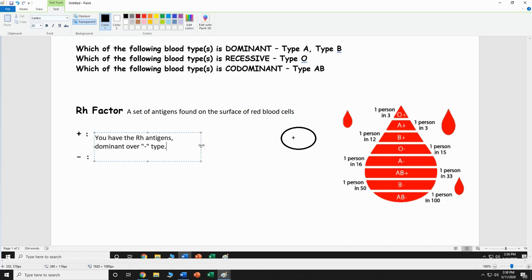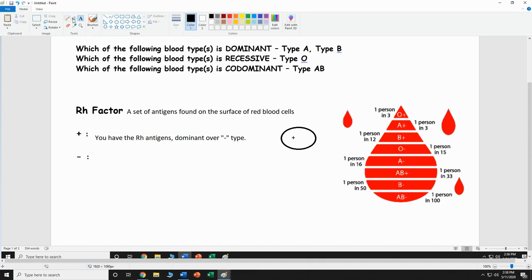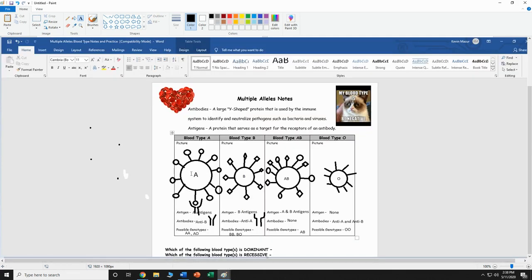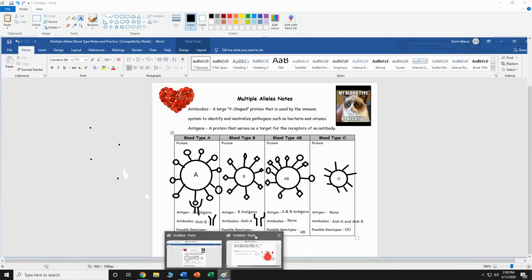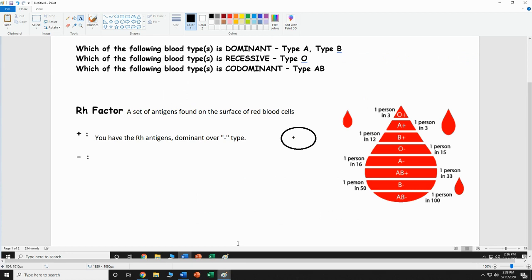What that'll look like in terms of the picture is you'll have, in addition to what we had before with the circles and the diamonds, another pair of antigens which will look a little bit different.